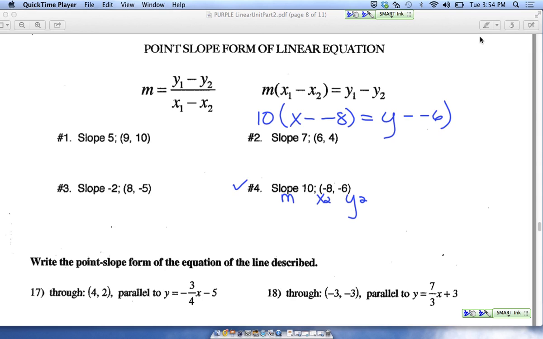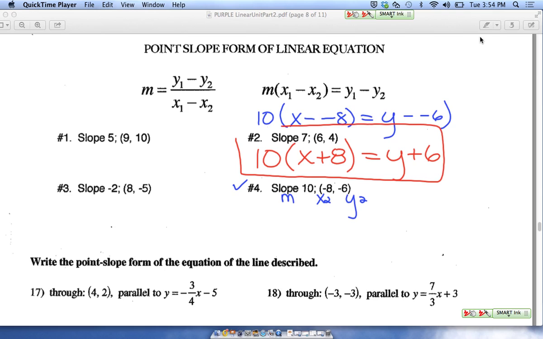So taking that and cleaning it up, it would look like this: 10 times x plus 8 equals y plus 6. So if you were given the equation in red in point-slope form, you should quickly be able to determine that the slope is 10 and the ordered pair given in this problem is (-8, -6).